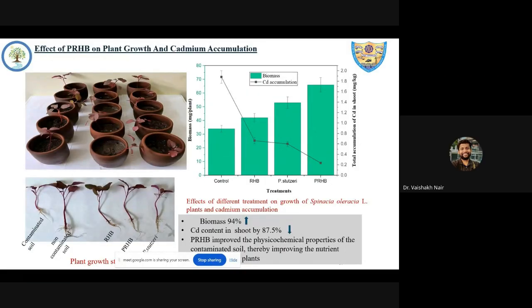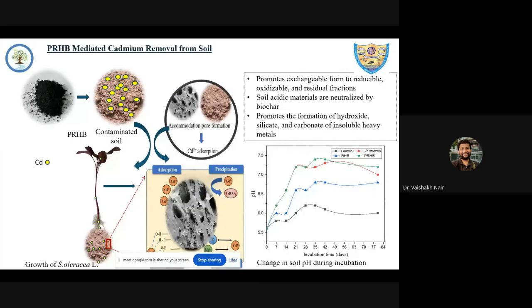And it was clearly visible that the cadmium accumulation was very low when compared to the control or to the individual biochar or Shewanella bacteria. So that was one key important thing which we observed. We further studied the mechanism. We also studied how the pH was changing. All these experiments were carried out for 84 days. Now that is again one more thing: you require a lot of patience. You require really good students who are interested in these topics.